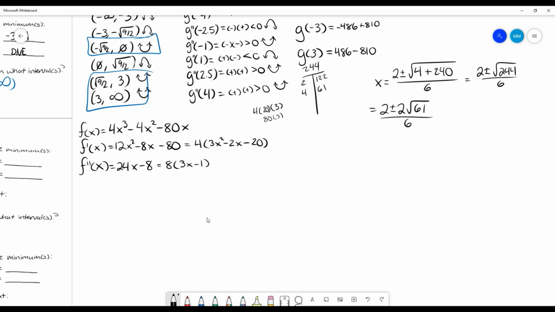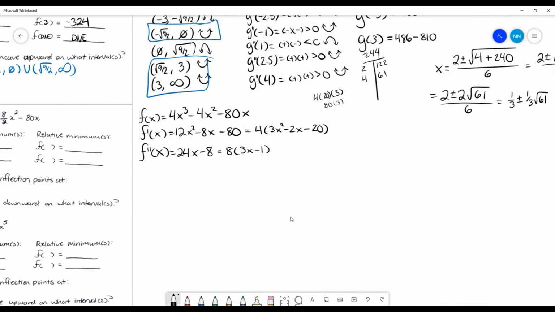And yeah, it's 1/3 plus or minus 1/3 times the square root of 61. So that equals 0 at x equals 1/3 plus or minus 1/3 times the square root of 61.